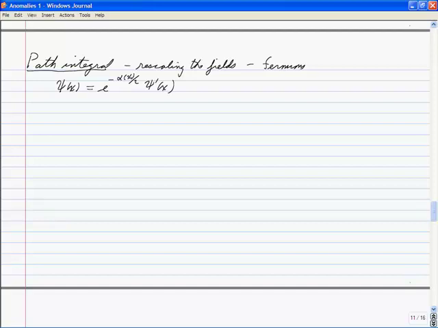What I'm going to check is whether the measure is invariant under that. It seems like it should be: dψ' dψ is the same.